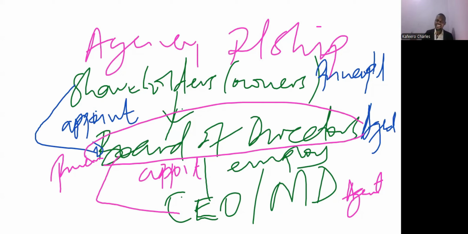But the non-executive directors are the people who have no interest. They are not connected to the business at all. So the reason why we are supposed to have the principle for corporate governance is that you should be having more non-executive directors on the board than executive directors. Reason being, these non-executive directors are going to bring in what we call independence.